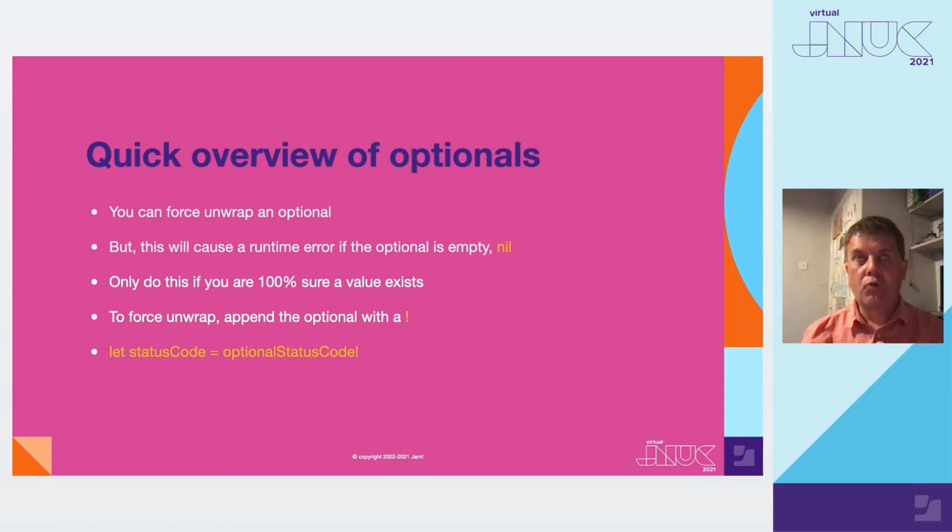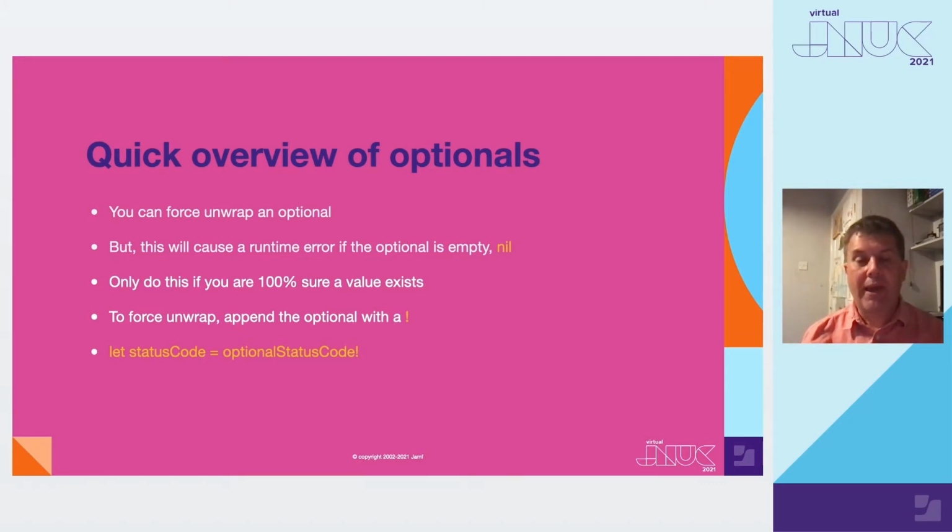If you try to force unwrap an optional that has no value, you will get a runtime error, which is what we don't want. So you only use this in a situation where you're 100% sure there's going to be a value. There are some situations within your code where you can guarantee there's going to be a value at that point in time. To unwrap an optional forcefully, we can use the exclamation mark.